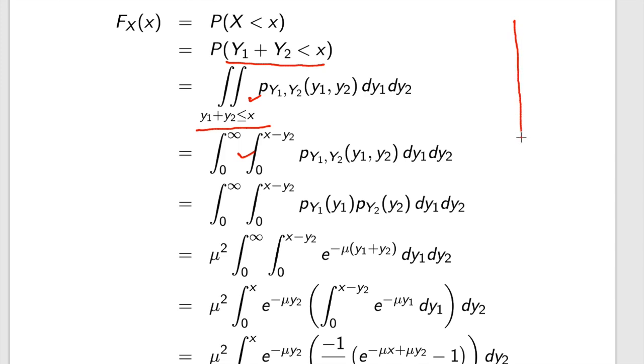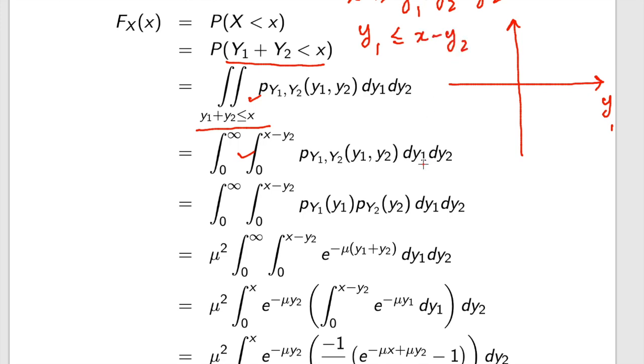So now let's say we have this Y1 axis and this is my Y2 axis. Now note that since Y1 and Y2 both are positive, we are only interested in the first quadrant. Okay, so we have x greater than Y1 plus Y2, or I can say Y1 is less than x minus Y2.